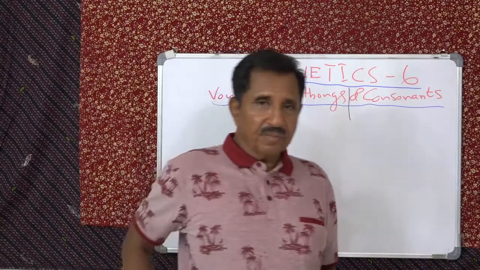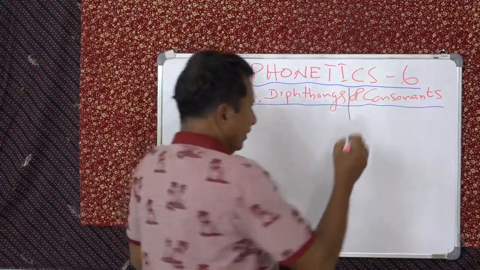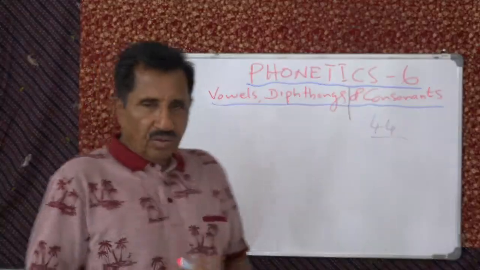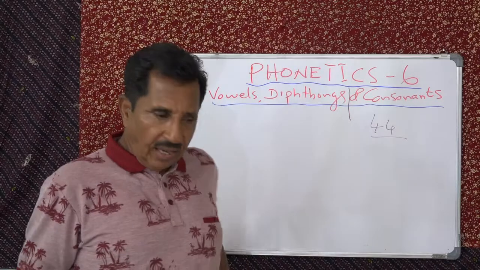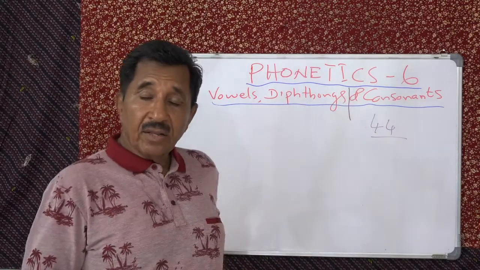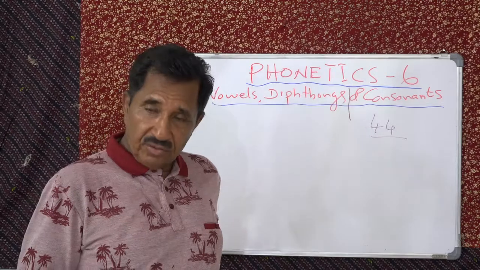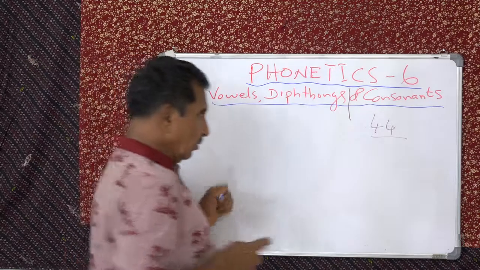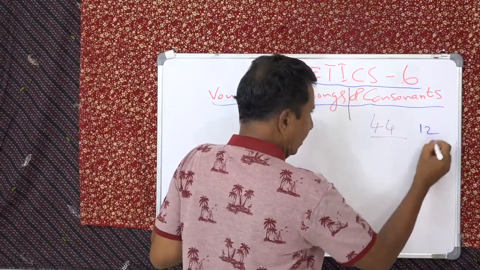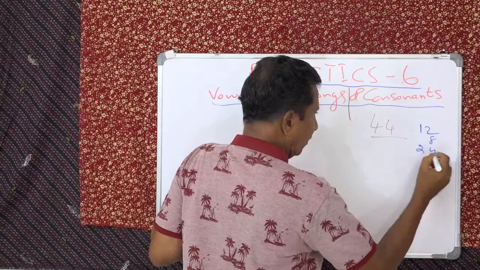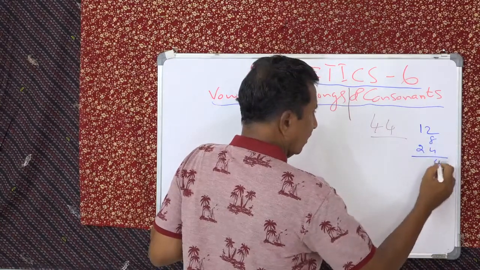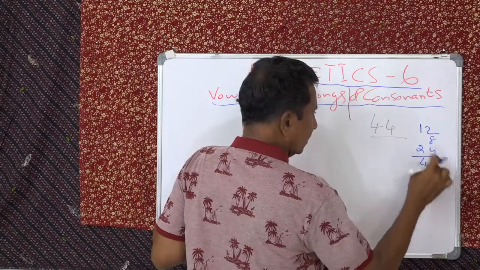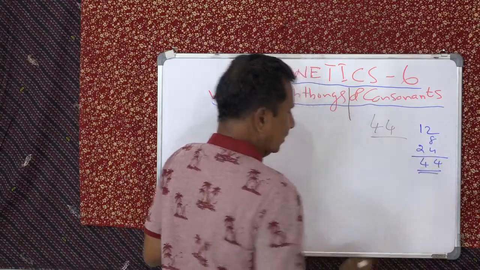Speech sounds: these 44 sounds that we listed yesterday, 12 of them are pure vowels, 8 of them are diphthongs, that means two vowels written together, and 24 consonants. So 12, 8, 24. Yes, 44 sounds.